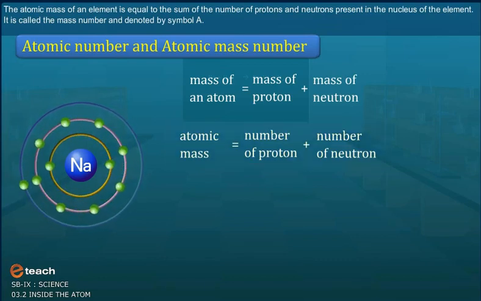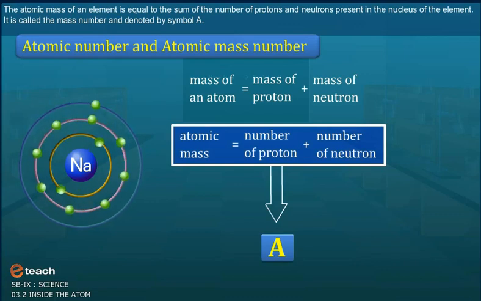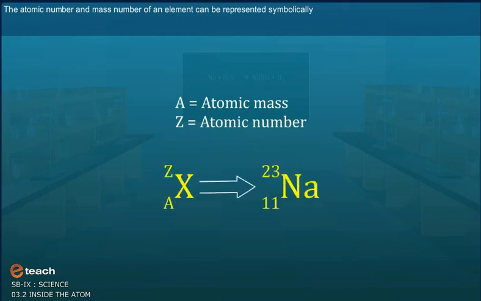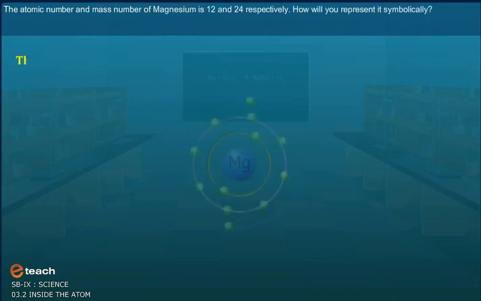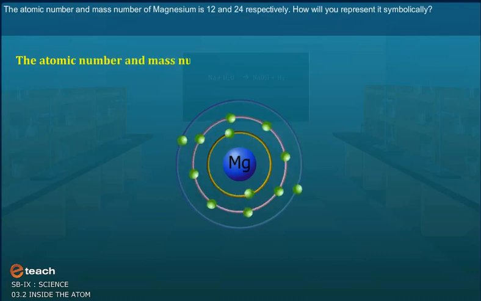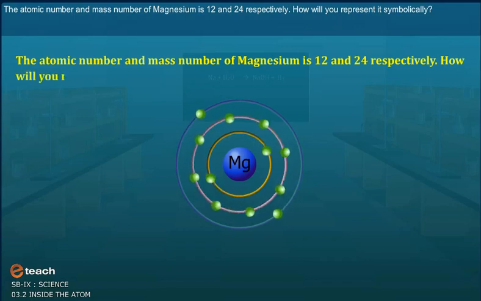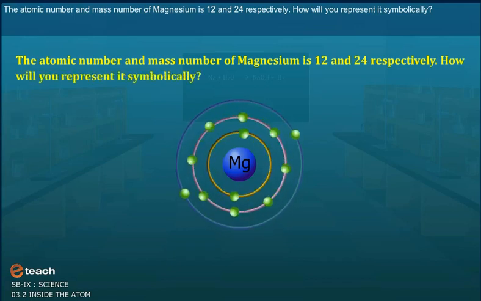It is called the mass number and denoted by symbol A. The atomic number and mass number of an element can be represented symbolically. The atomic number and mass number of magnesium is 12 and 24 respectively. How will you represent it symbolically?